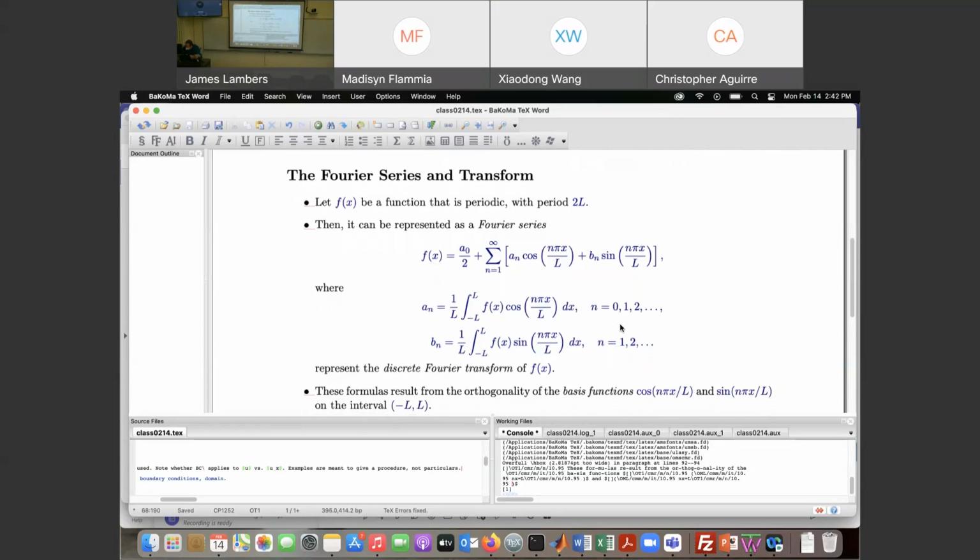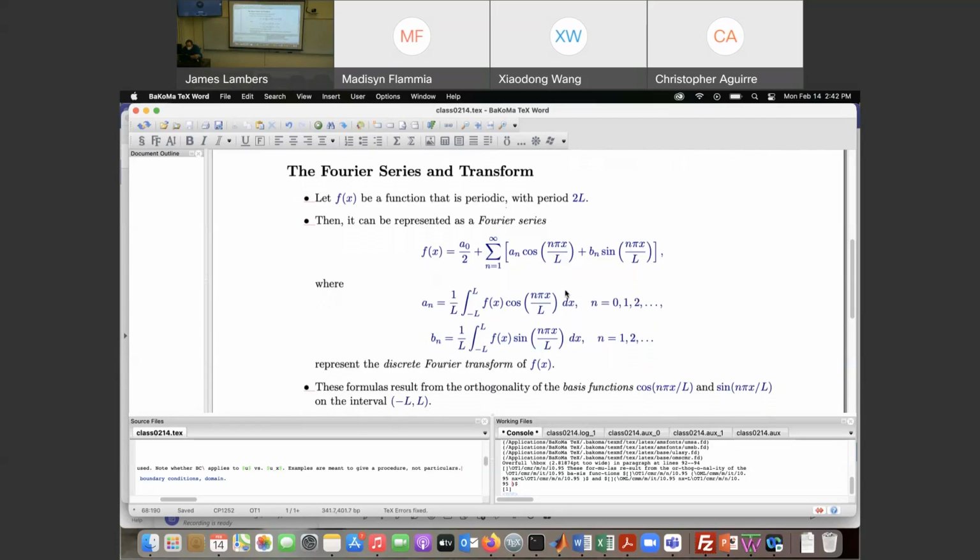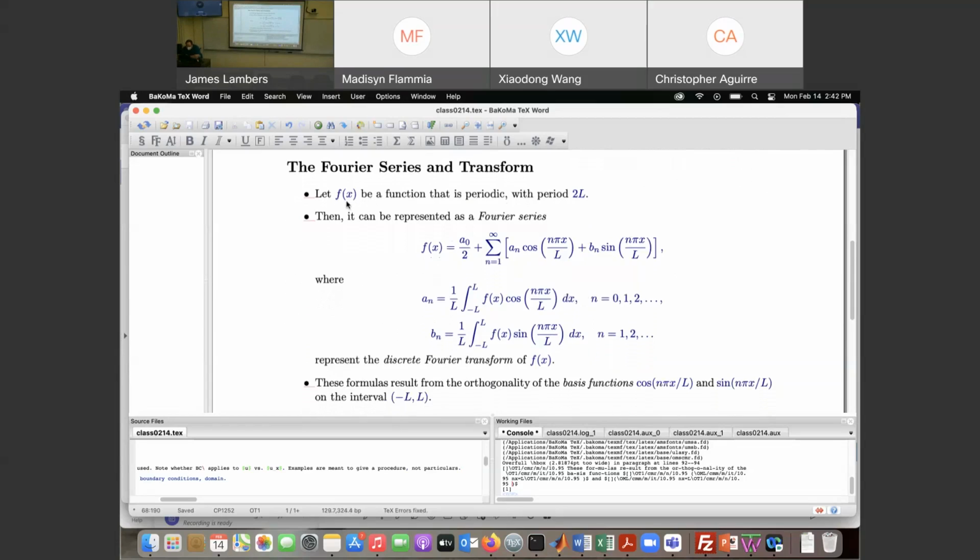Fourier series are for representing functions that are periodic. So here we assume that f is periodic, and the period is 2L. For example, for plain old sine and cosine, L would be pi, or periodic with period 2 pi.